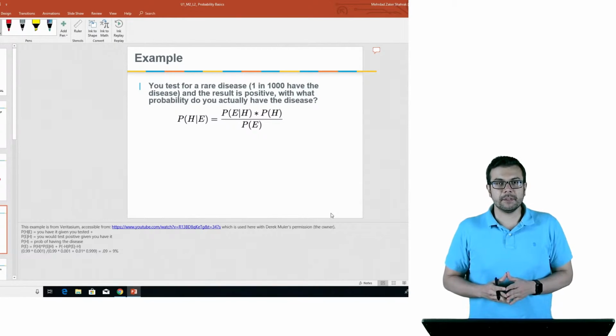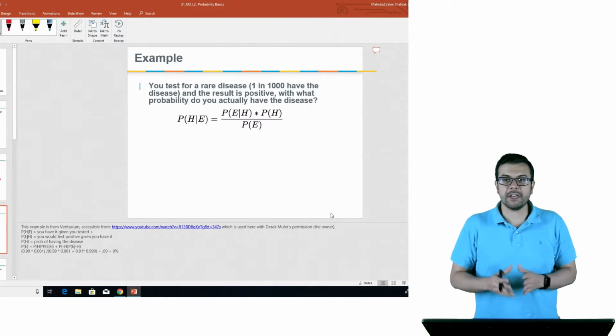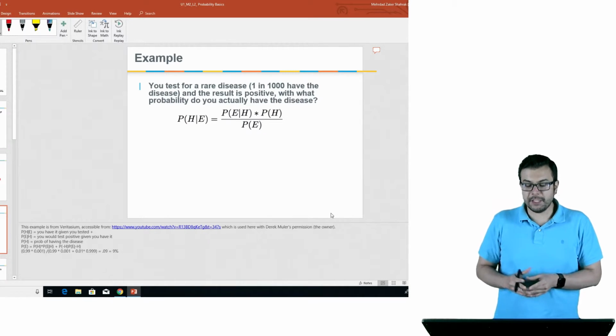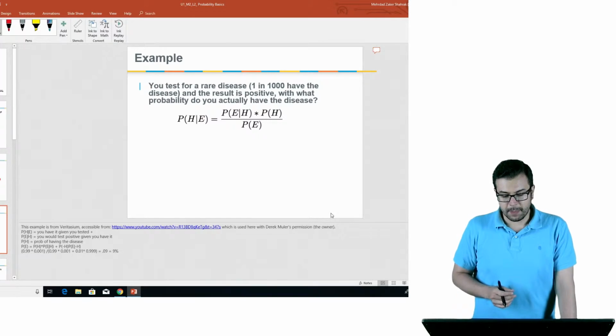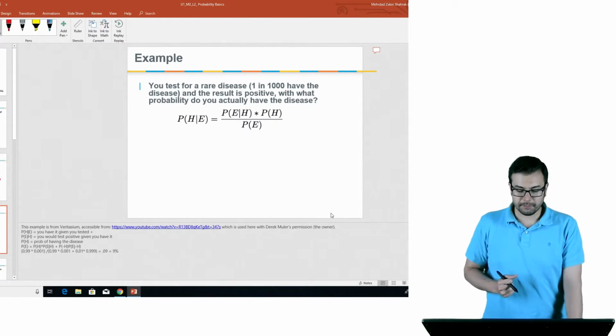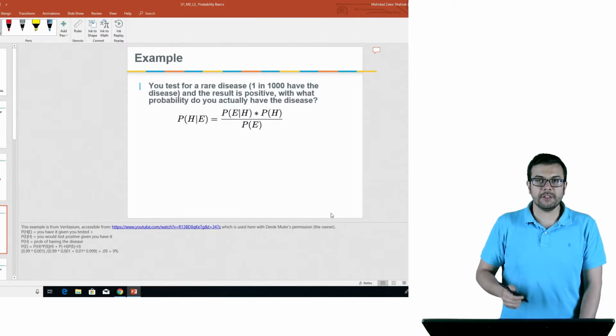Let's make an example. Suppose that you test for a rare disease, where the probability is 1 in 1,000 that you have the disease in the population. And the result of the test is positive. With what probability can we actually conclude that you have the disease? Let's put it in the format of conditional probability.